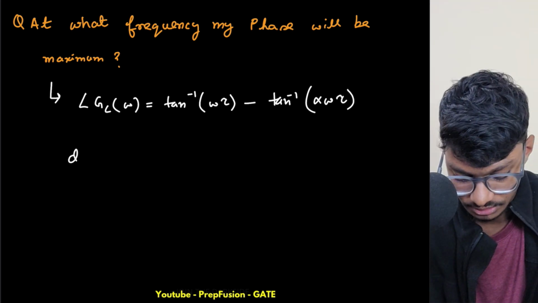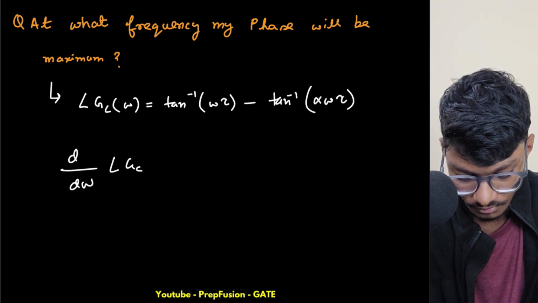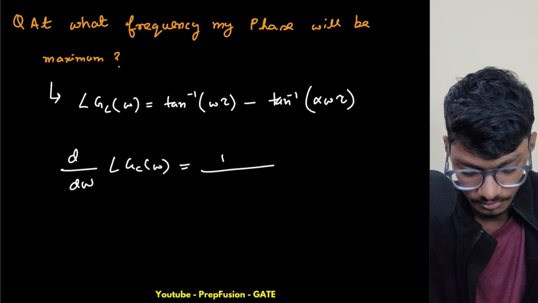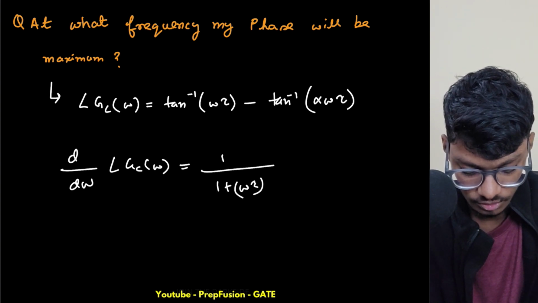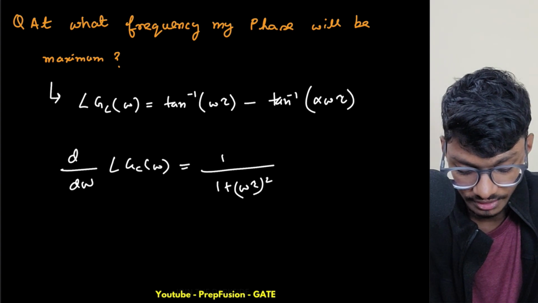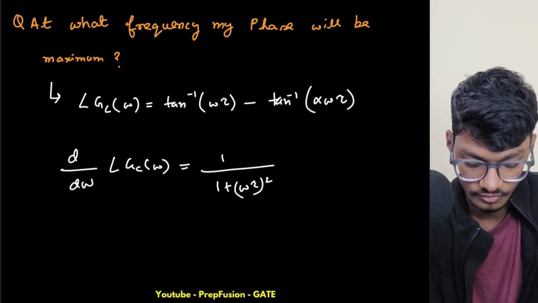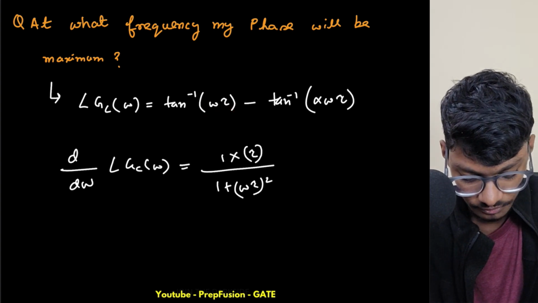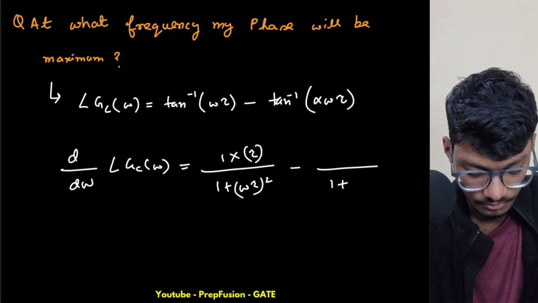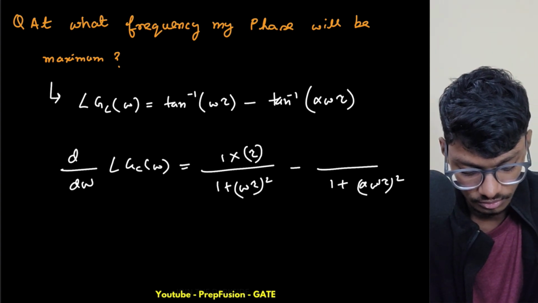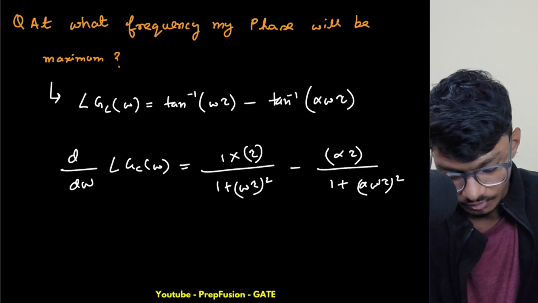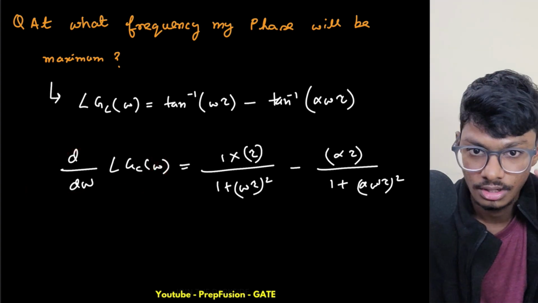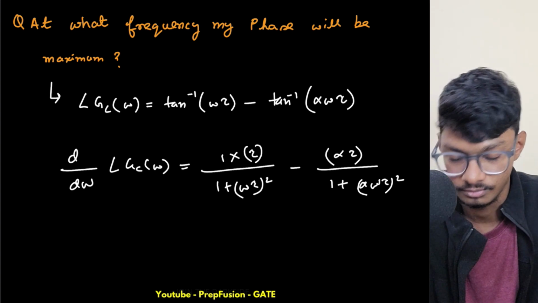Now obviously I will differentiate this. d by d omega of the angle of GC of omega equals 1 by 1 plus omega tau square times the differentiation of the inside. And don't forget this is omega tau, not just omega, so we have to apply the chain rule. So this will be into tau, minus 1 by 1 plus alpha omega tau whole square times alpha tau. Then obviously this has to be equal to 0. Then we'll get maximum phase.